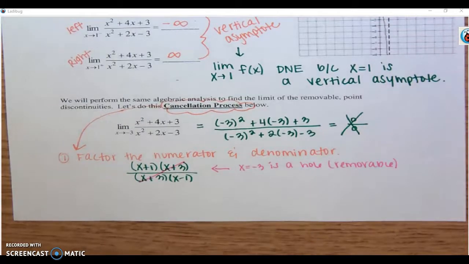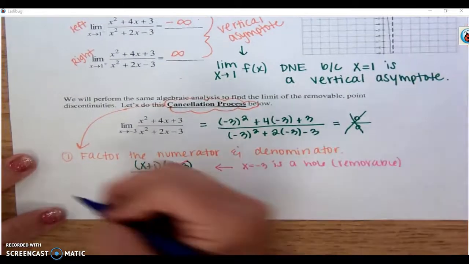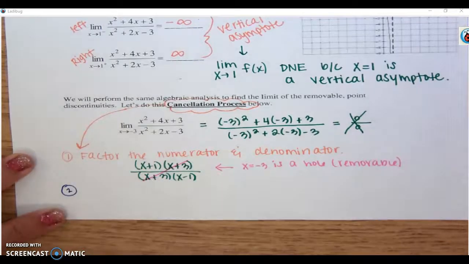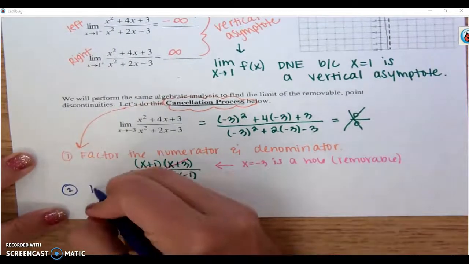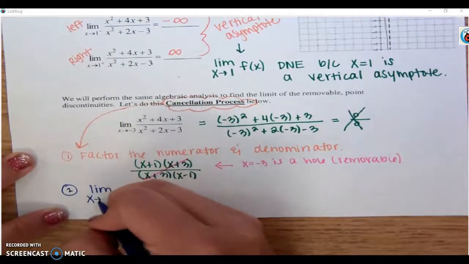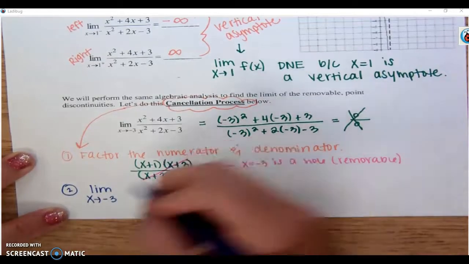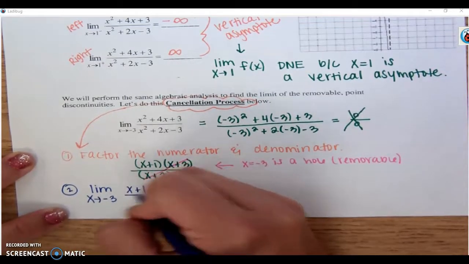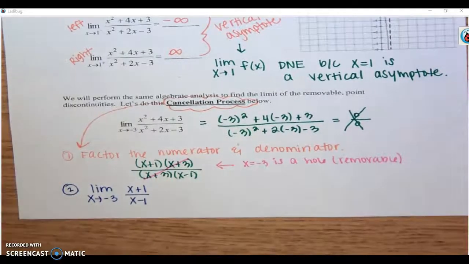So first step, you're going to factor. You're going to cancel out whatever's in common. Second step, now you're going to set up your limit with just what's left that didn't cancel. Now we're going to have the limit as x approaches -3, and all we had left in the numerator was x plus 1. All we had left in the denominator was x minus 1. Now we get to use direct substitution.